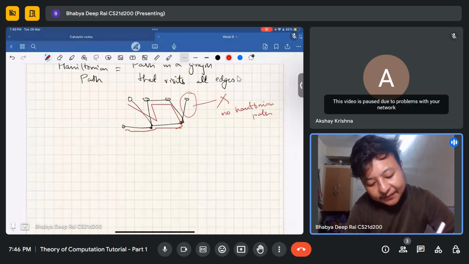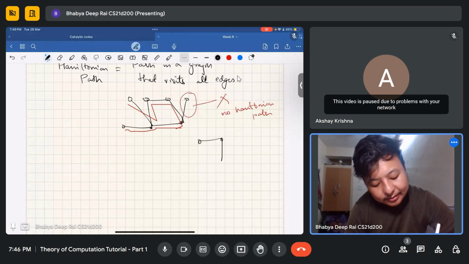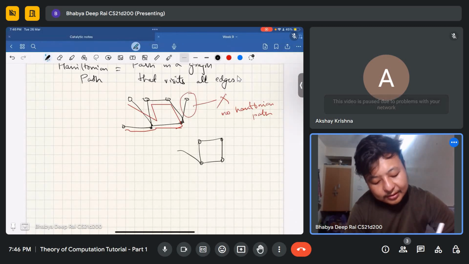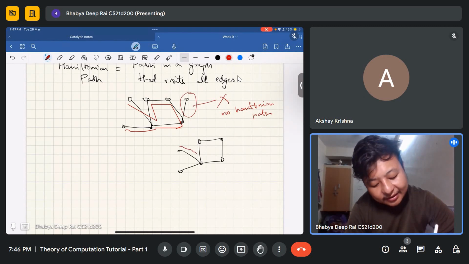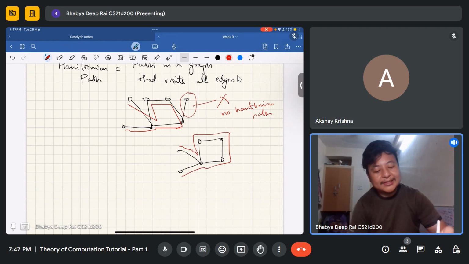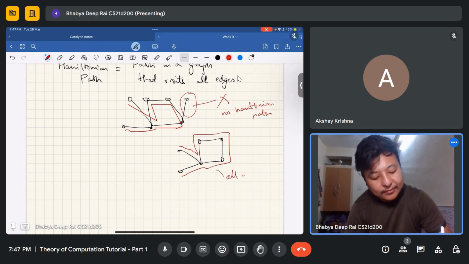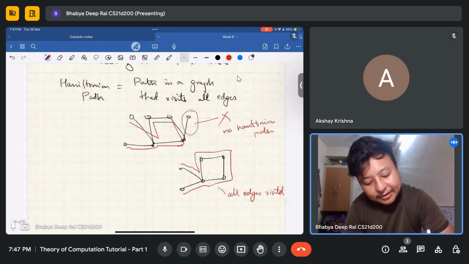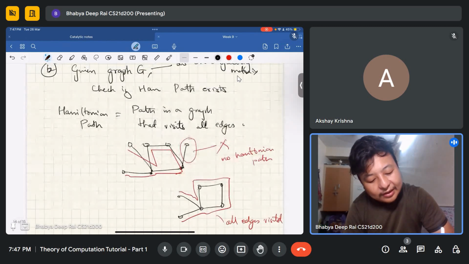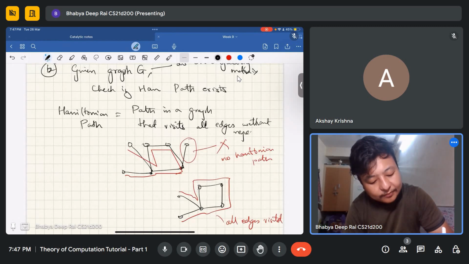Whereas if my graph looks like this, then I can have a Hamiltonian path. I can start here, here, here, here, here, then here. All the edges I've visited. Okay, a path that visits all edges without repeating edges.